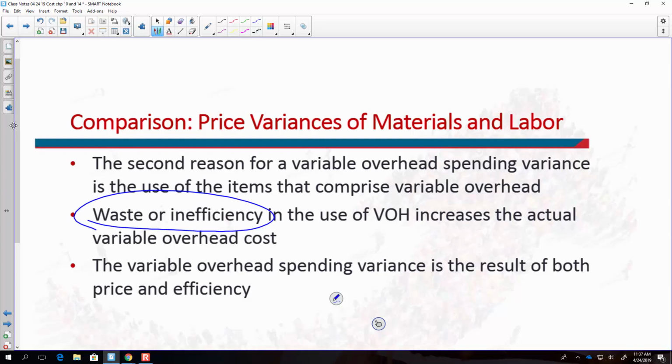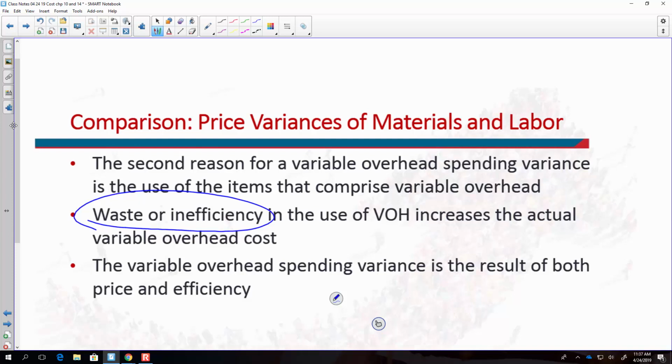Think of our supplies. Here again, I could use double or triple the supplies that I plan to use. So that inefficient use could be causing my spending variance as well. Maybe I'm putting 425 sesame seeds on a bun instead of 400. That again would be considered an inefficient use of that.